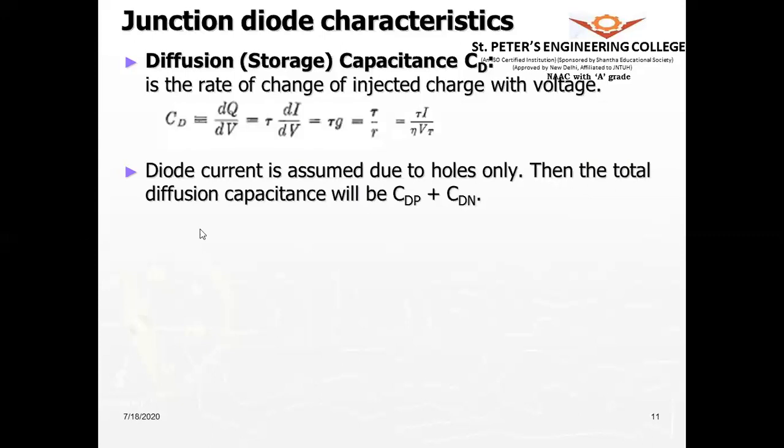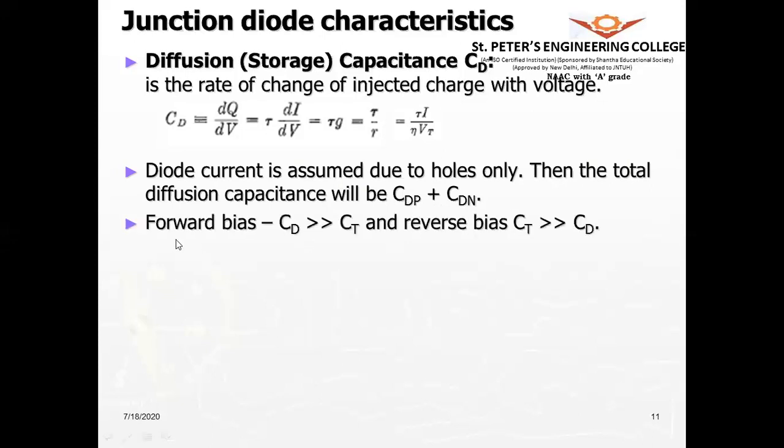The total diffusion capacitance will be the diffusion capacitance of the holes plus the diffusion capacitance of the electrons, that is CDP plus CDN. When we have forward bias, the diffusion capacitance will be far, far greater than the transition capacitance CT.